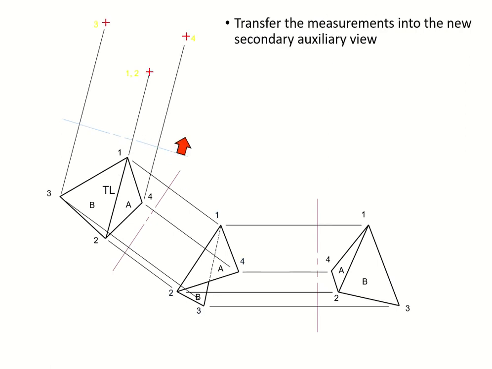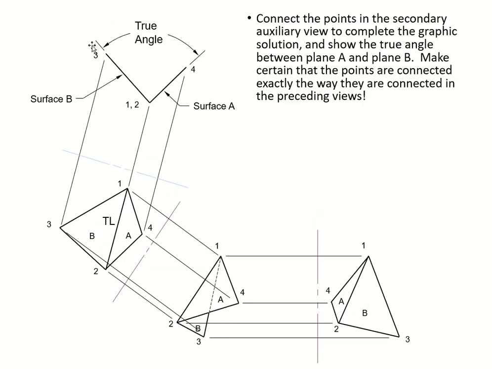We do the same thing, get the points, and connect them. You get 3, 1, 2 fused because it's on the same line, and your point 4 is right there. That's the point of intersection of the two lines, and the angle in between them is your true angle.